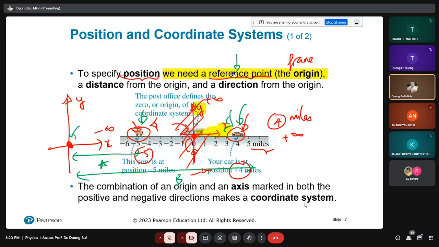We can get a distance from the origin and also the direction from the origin. If we have the origin here, the direction of the position here is positive, and the direction of the position here is negative. Sometimes we just say coordinate systems or xy coordinates, because we also have positive and negative directions of the coordinate systems. I hope you understand.